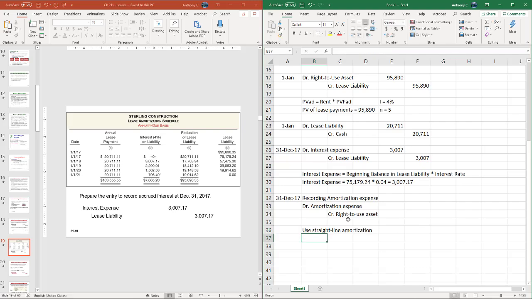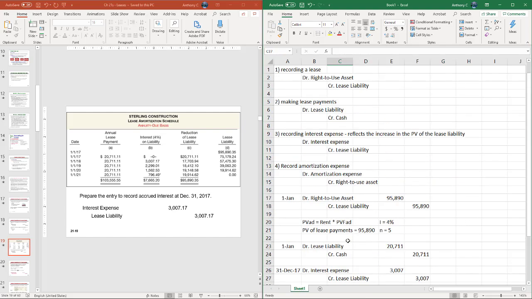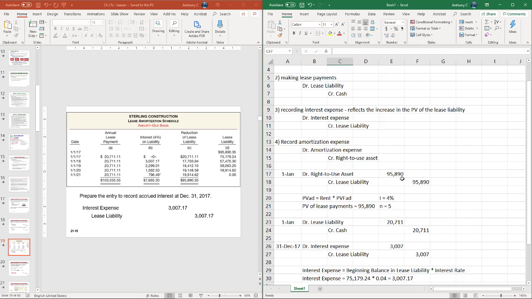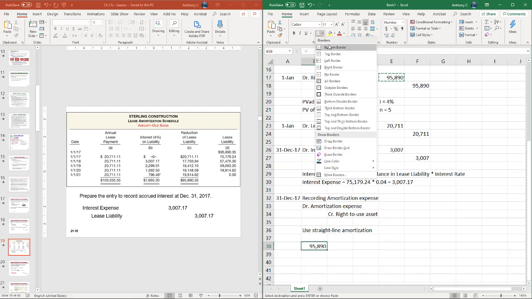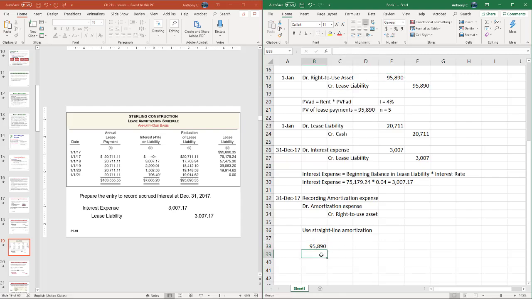Remember, we're just allocating the cost of the right to use asset over its useful life. So we originally recorded the right to use asset at roughly $95,890. We're just going to split this evenly over the useful life of the asset, which is 5 years. If we do that, we'll get roughly $19,178 per year. So that'll be our debit and our credit here.